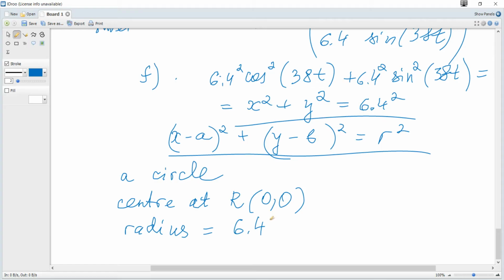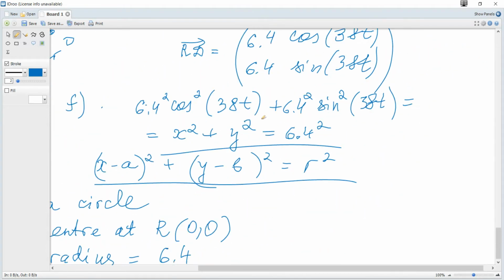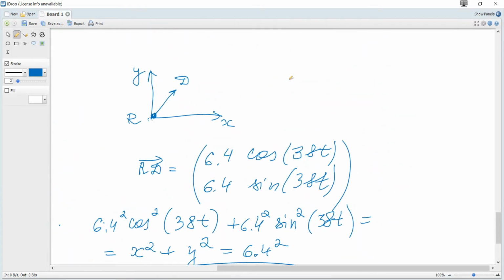And the next, around the same time, a small aircraft E is flying at the same height as D and along the line with vector equation. It is given RE, its position vector, and it's 20, 10 plus lambda times -1, 1.